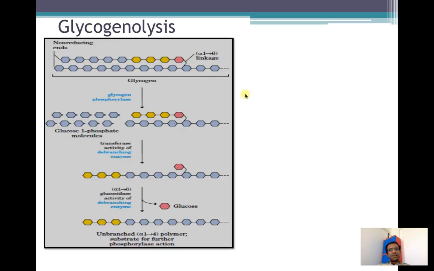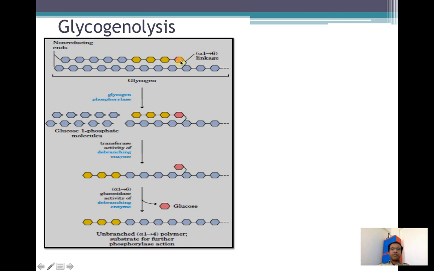So let's understand by the cycle form. This is the structure of glycogen. All these blue dots, yellow as well as the pink dots represent the glucose molecules themselves. All these blue dots are in the chain form. The linkage between this pink glucose molecule and this blue glucose molecule is alpha 1,6.